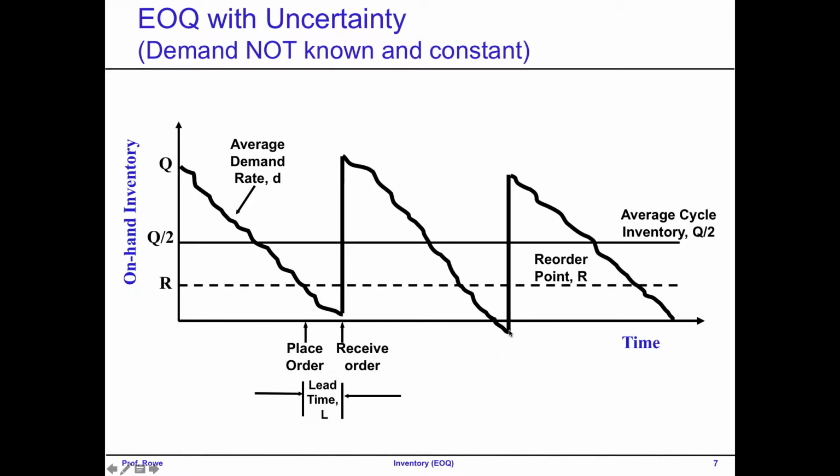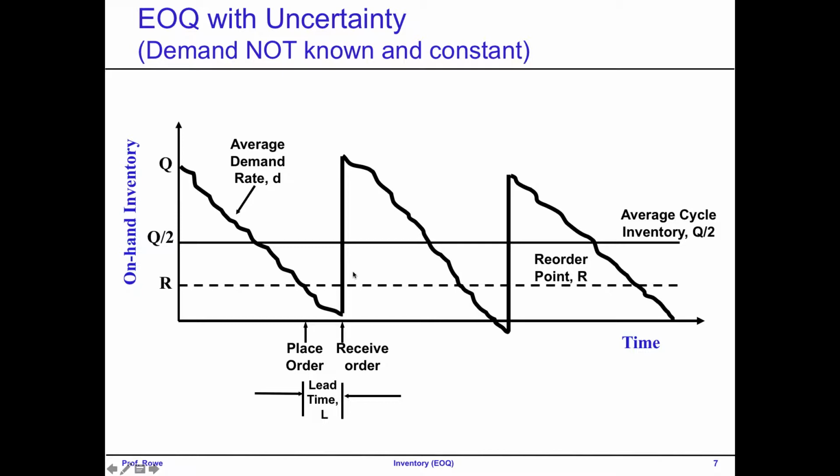So we would be in a backlog situation. We receive Q, we ship whatever the backlog was, and then whatever's left gets put into inventory. But obviously that would be less than Q by the amount of whatever that backlog amount was. Again, we could end up potentially with exactly 0.